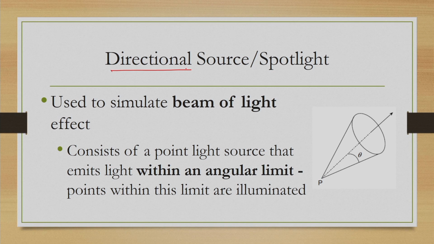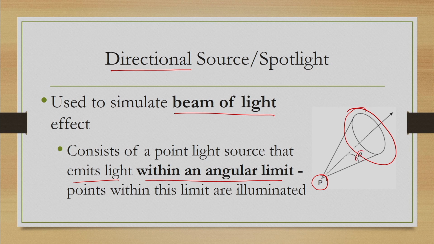Then we have the directional source or spotlight. So, we use this type of light source to simulate the beam of light effect. In this case, what we assume is that it consists of a point light source, and that source emits light within an angular limit. So, within this limit characterized by this angle theta. Now, if a point is within this limit, then that point is illuminated.